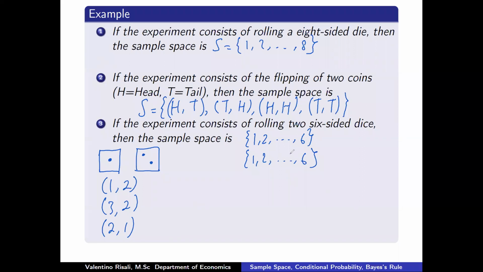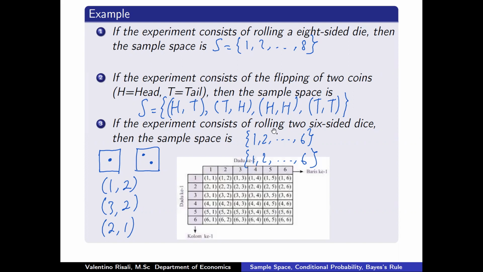And in this experiment, we have 36 outcomes, which is represented by this table. There are 36 outcomes. You can see in this table.